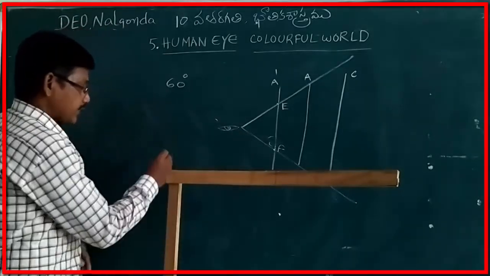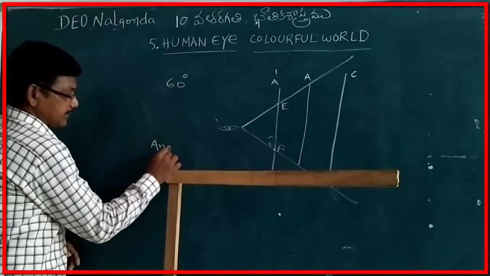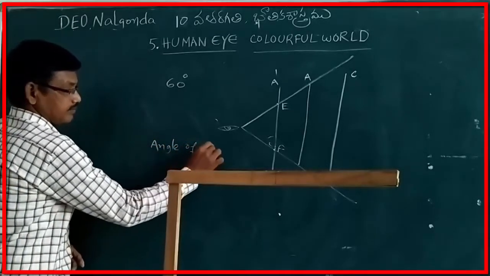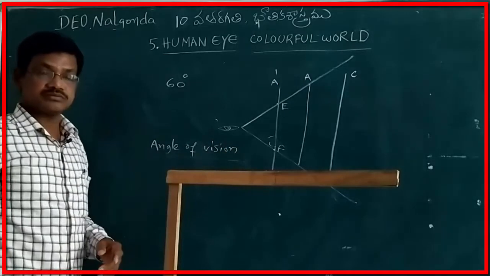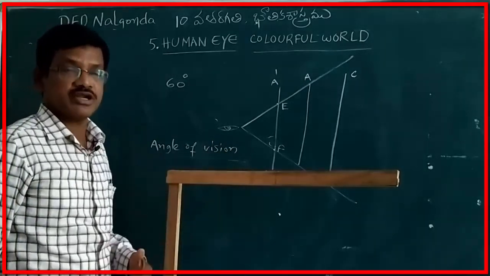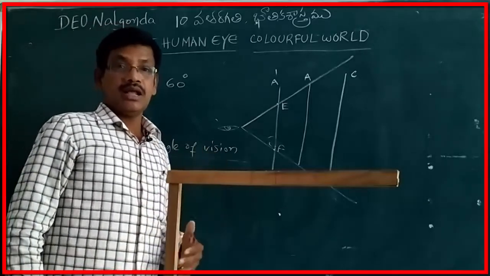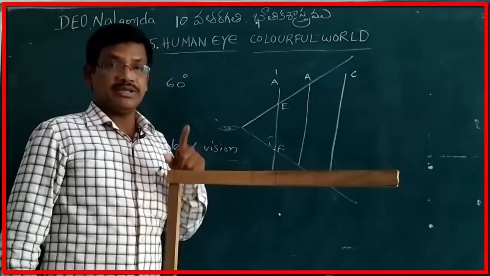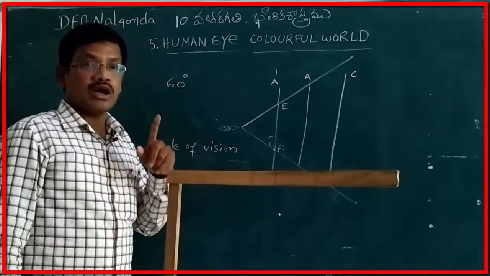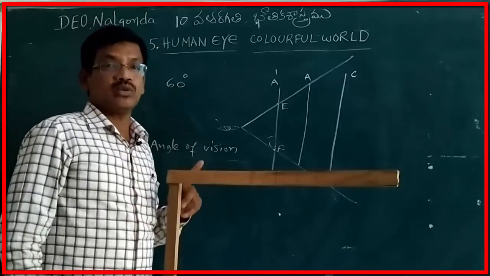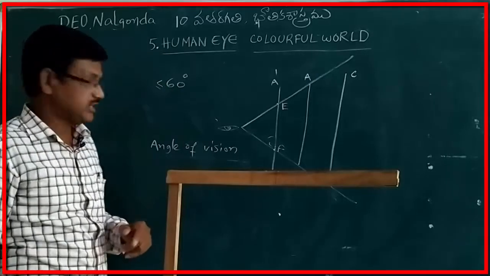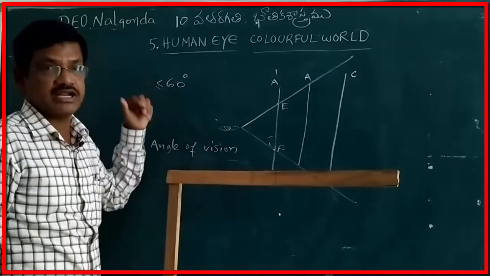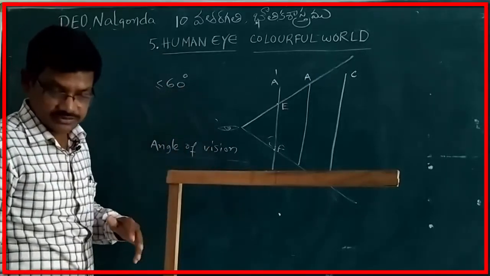This angle is called angle of vision. So every object kept in front of our eyes makes an angle, and it appears to the eye only when the angle is less than or equal to 60 degrees. That is, if the angle of vision is less than or equal to 60 degrees, we can see the object.